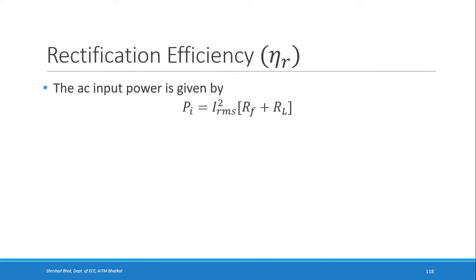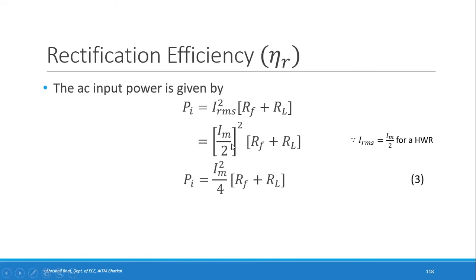You have to consider both. They are in series, so RF plus RL. And what is the value of IRMS in case of a half wave rectifier? It is Im by 2. So it is Im by 2, the whole square, into RF plus RL. Im square divided by 4. You can write this as Im square divided by 4 into RF plus RL.